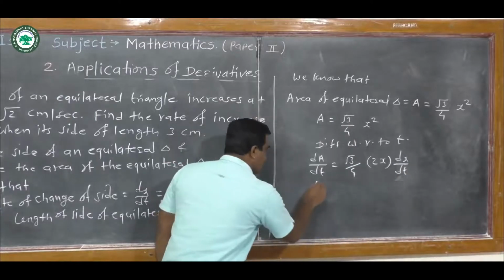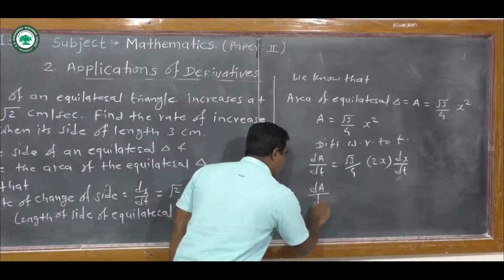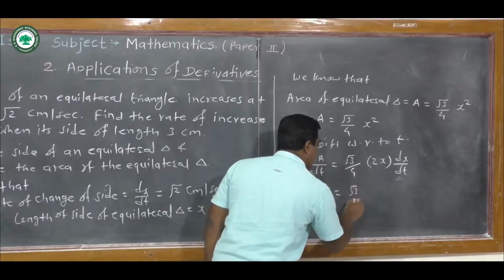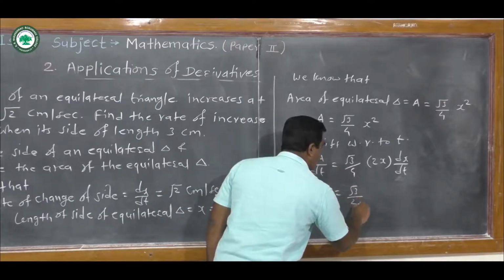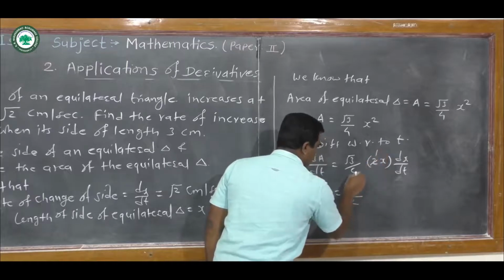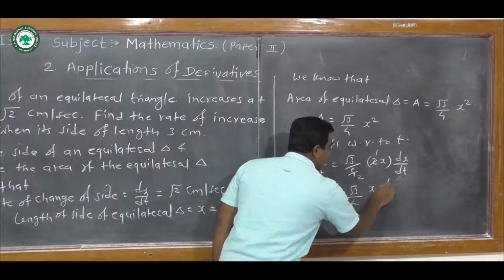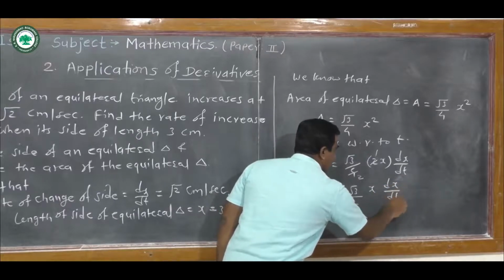That is, we can write here dA by dt is equal to under root 3 upon 2, 2 1 are 2, 2 2 are 4, into x into dx by dt.